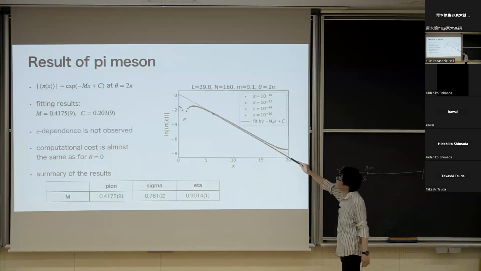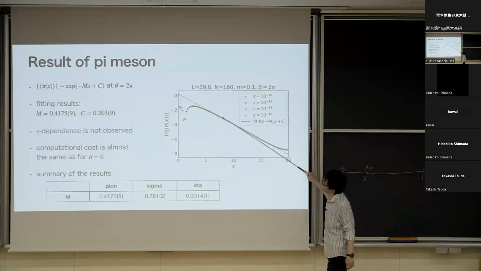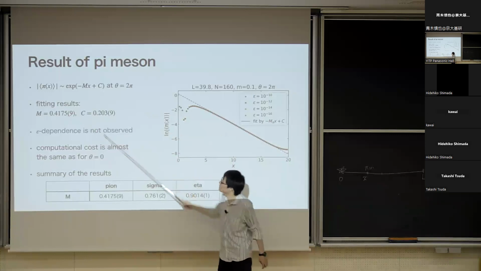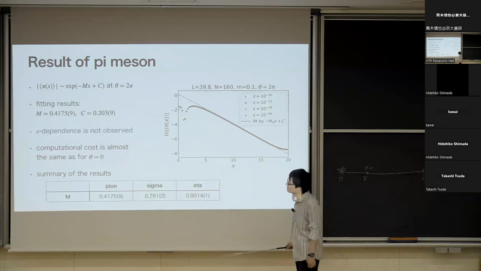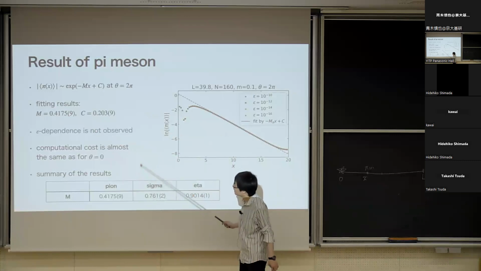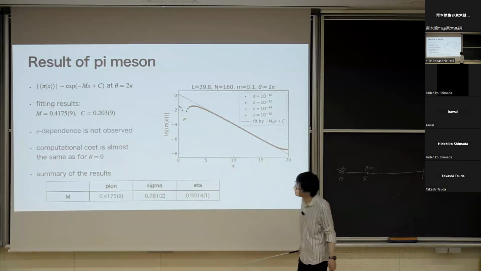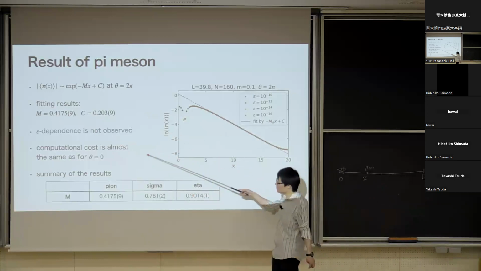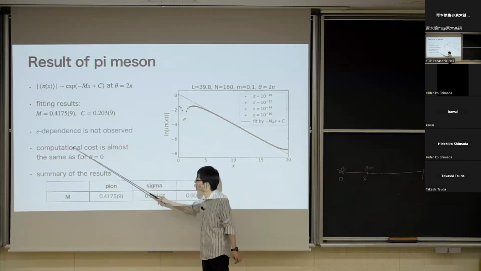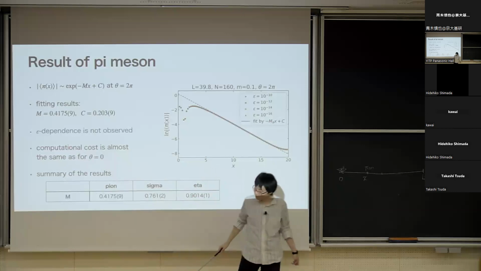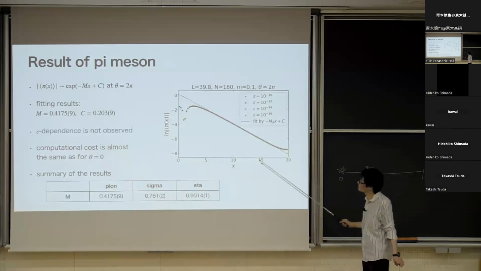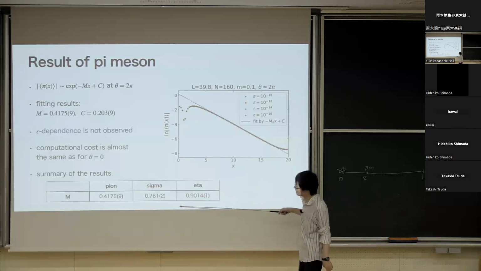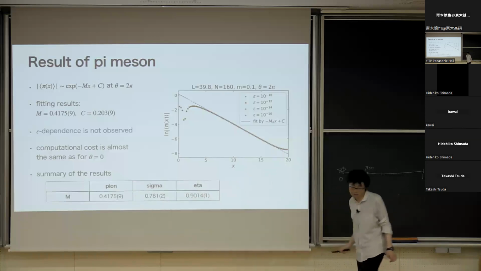Around here you can see the linear behavior, which corresponds to exponential decay, and so we get the pion mass. Note that even when we turn on the theta term, the computational cost is almost the same. In summary, we get this mass from this scheme.